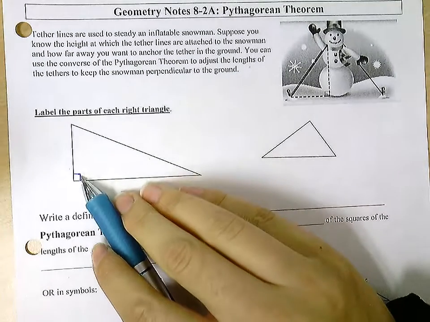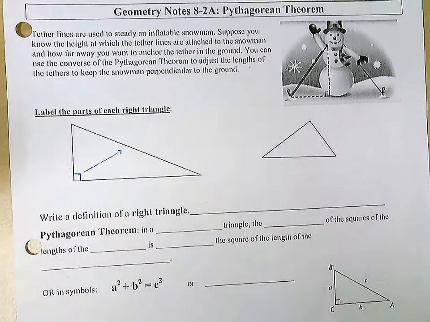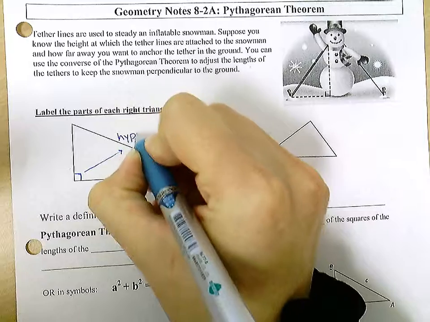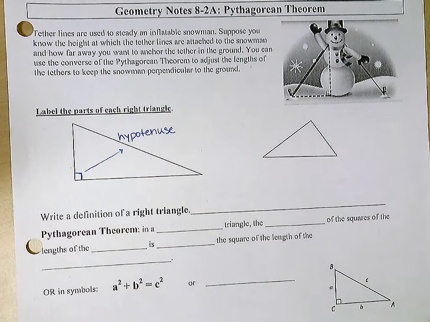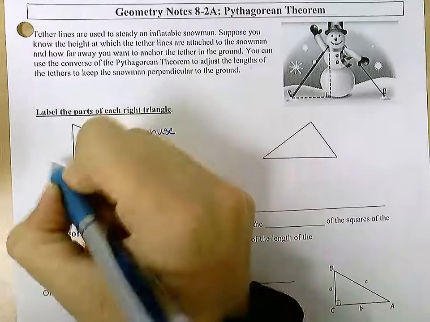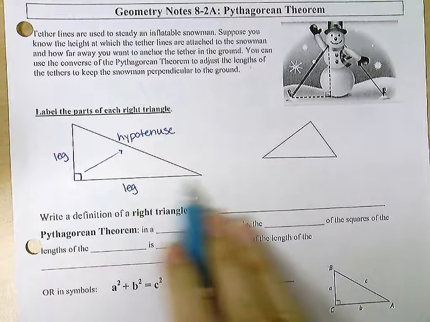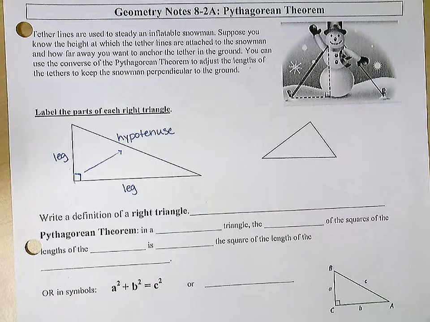Opposite that 90-degree angle, or across from it, is called your hypotenuse. The other two sides are what make up your 90-degree angle. We call those legs.